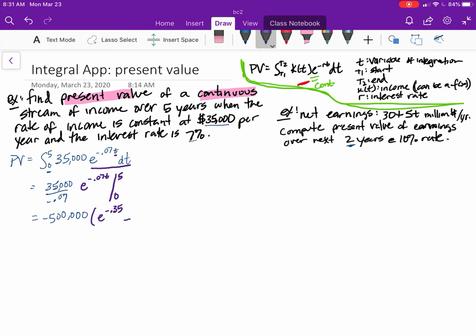And then minus e to the negative 0, so e to the 0 is just 1. That's really about all I could do in my head. I could distribute, but at this point, might as well just use the calculator. And we get approximately $147,655.96.